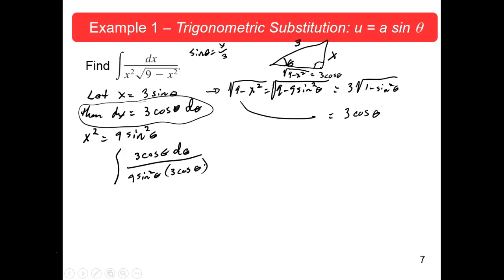Okay. Whoa. All right. Obviously, the 3 cosine thetas can go away. All right. And that leaves us, this is a strange one. Why would they start us out with one this bizarre? 1 over 9, that can come out, we know that.